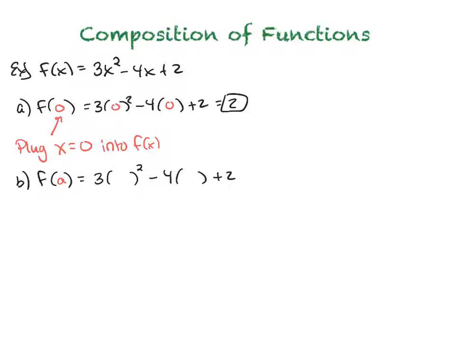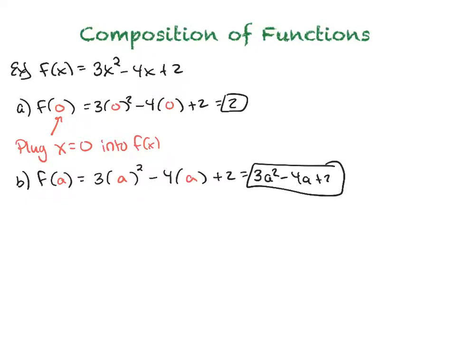So instead of 3x squared, I have 3 parentheses squared, and instead of minus 4x, minus 4 parentheses, and I'm just going to replace where the x's used to be with a now. So I have 3a squared minus 4a plus 2, and there's not a lot of simplifying that happens here, so I'm going to rewrite this as 3a squared minus 4a plus 2, because none of those are like terms.